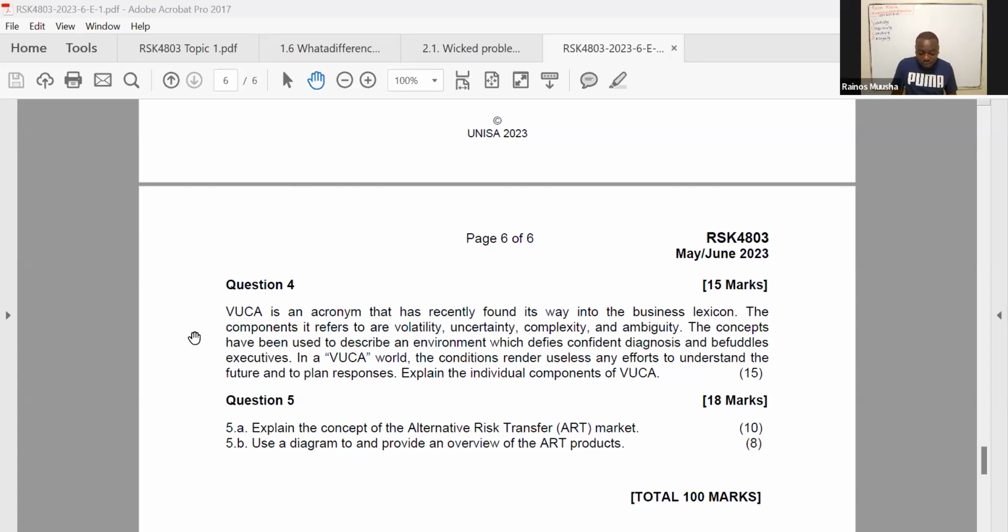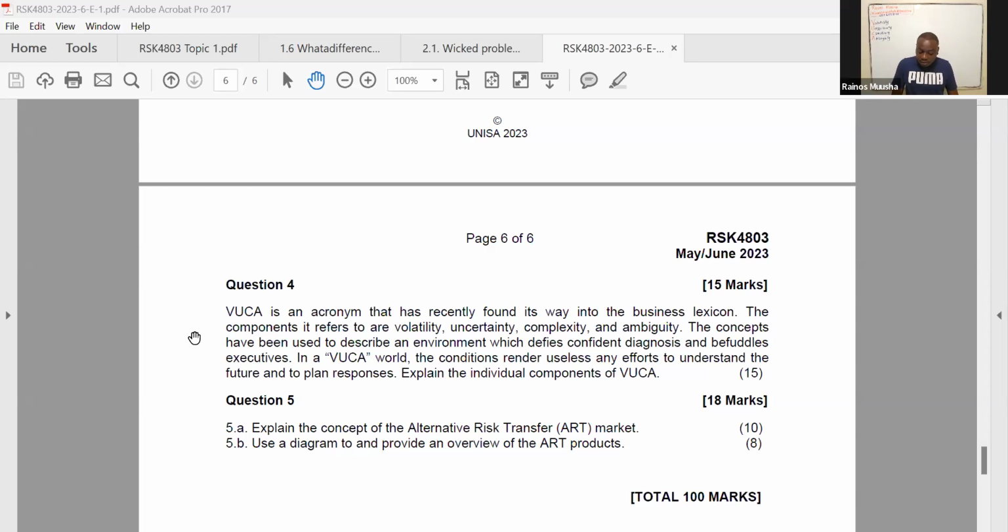And when you look at the way that they bring this question, they say VUCA is an acronym that has recently found its way into the business lexicon. The components it refers to are volatility, uncertainty, complexity, and ambiguity. The concepts have been used to describe an environment which defies confident diagnosis and befuddles executives.